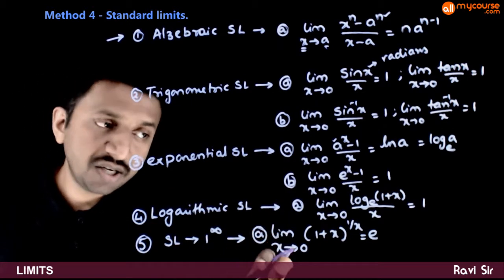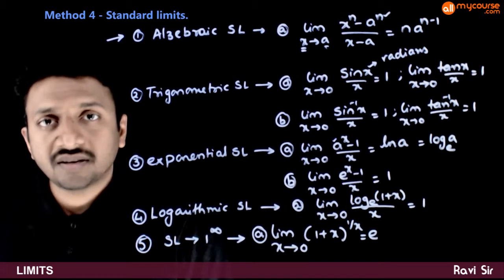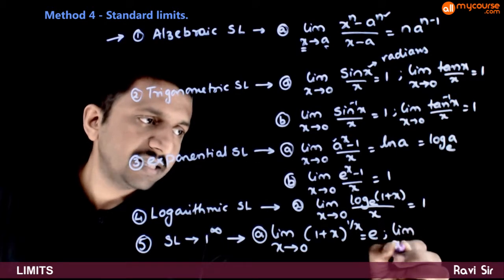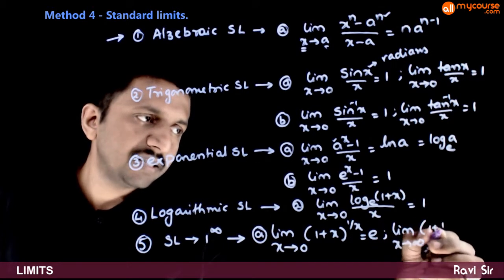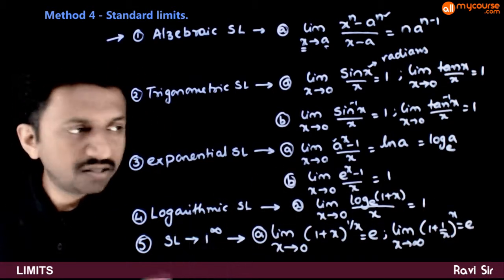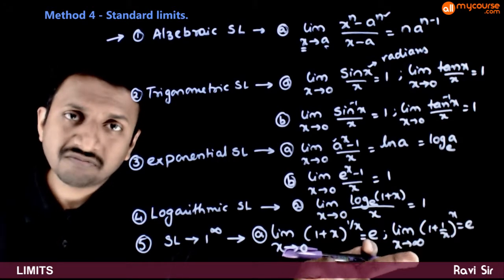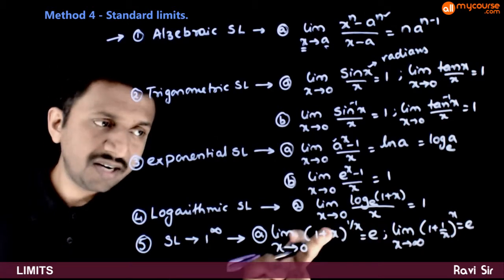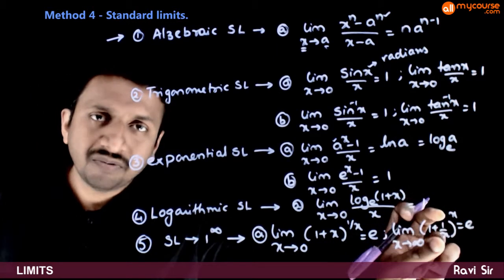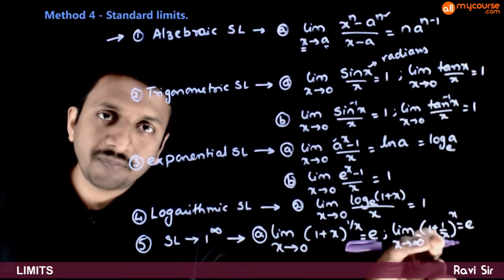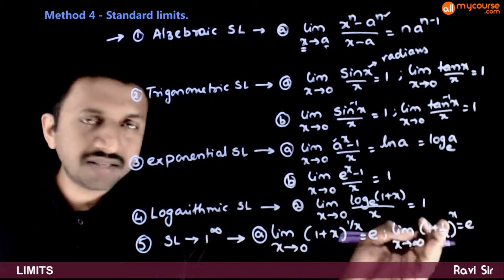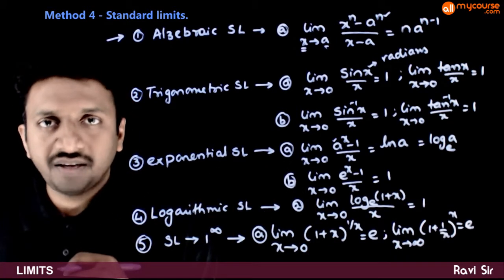And limit x tends to infinity, 1 plus 1 by x whole power x is also equal to e. This is closely related to the previous formula, because as x tends to infinity, 1 by x tends to 0. So again it's of the form 1 plus 0 whole power infinity. Whenever you get 1 power infinity form, the answer usually is in terms of e.